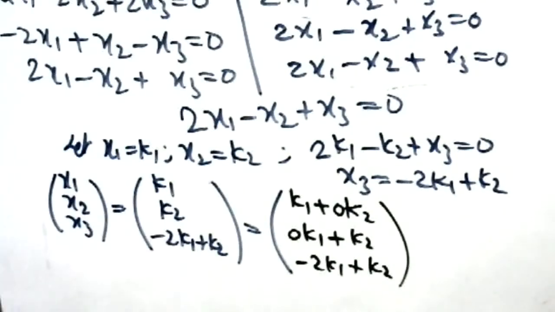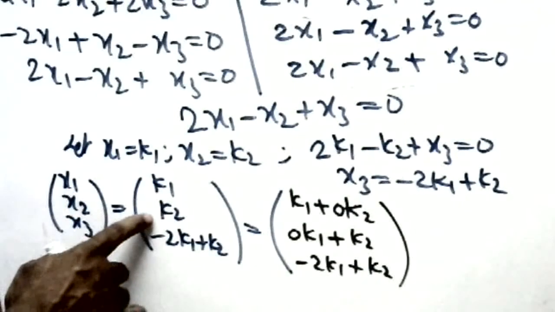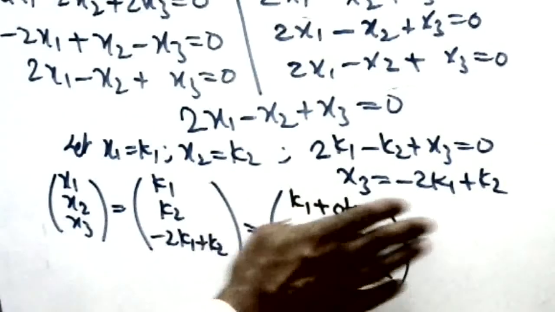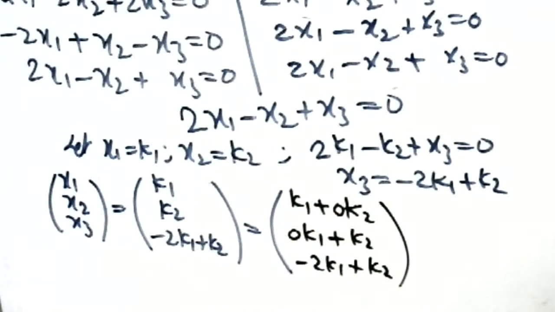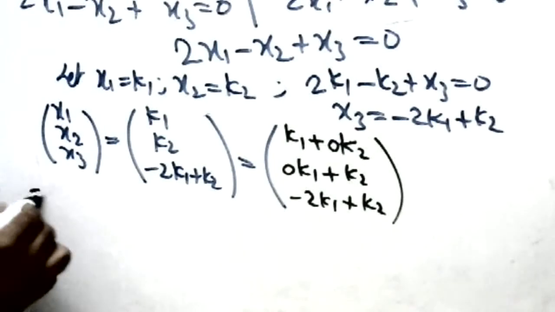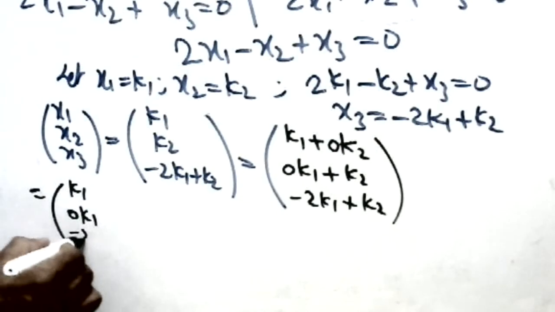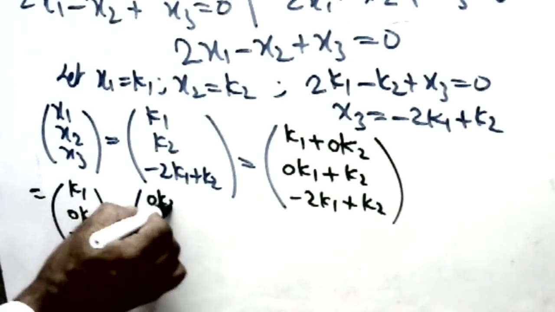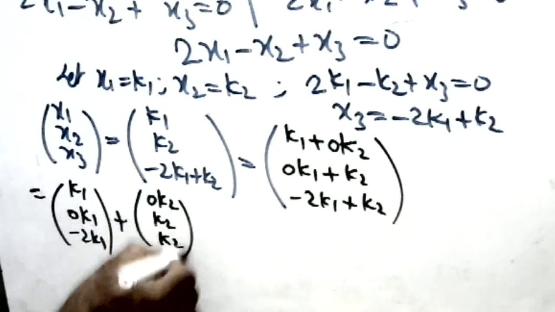We have k1 plus 0 k2, 0 k1 plus k2, and minus 2 k1 plus k2, because now we can separate k1 and k2 into two matrices. Now I am writing it here. Watch carefully. We can write this as the matrix with entries k1, 0, minus 2k1 plus the matrix with entries 0, k2, k2.